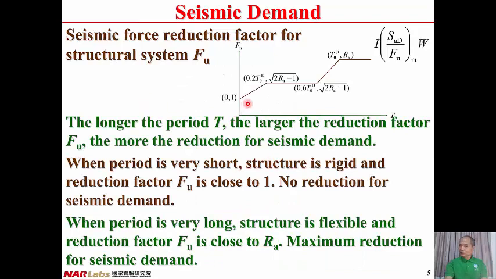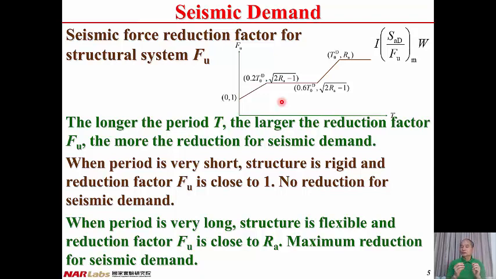From the curve here, the longer the period, the larger the reduction factor, because FU is in the denominator for the computation of the seismic demand. Therefore, the larger the reduction factor, the more reduction for the seismic demand. When the vibration period is very, very short, close to 0, that means the structure is so rigid. There's no deformation under earthquake.